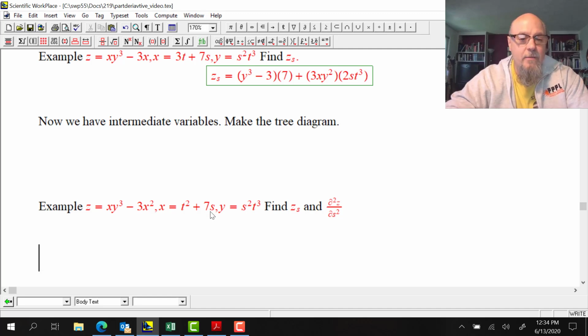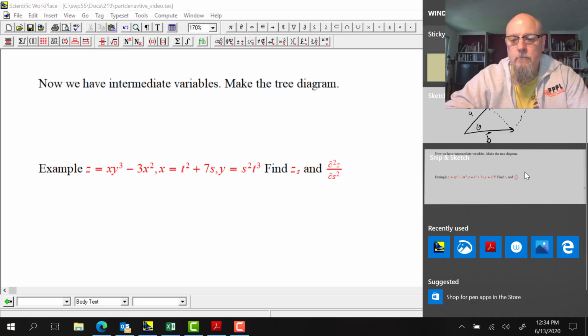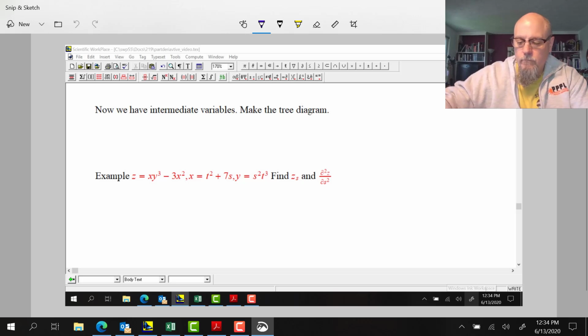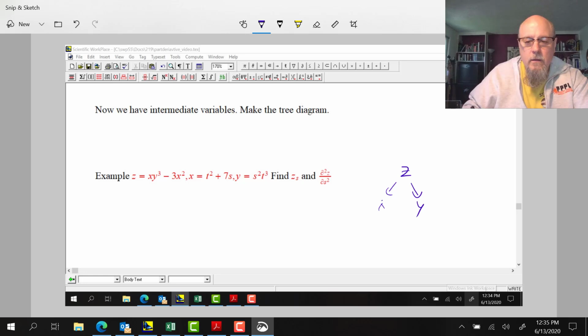It's not the exact same example that we had before, but it's pretty close. So, tree diagram. Okay. Z is a function of x and y. X is a function of t and s. Y is a function of t and s.